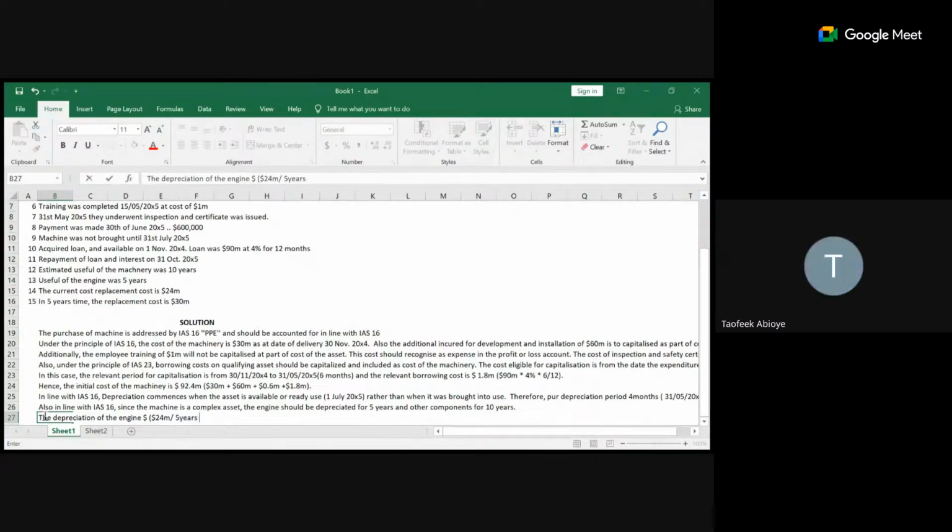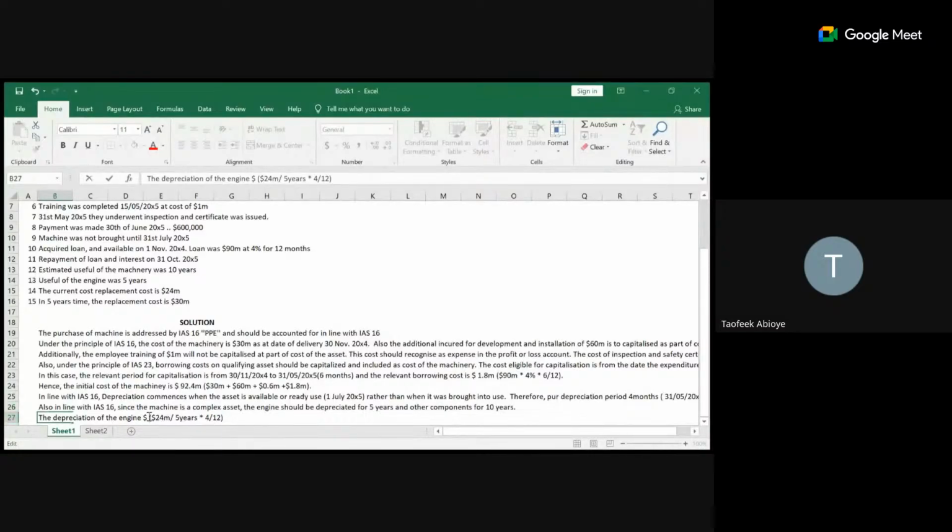Now multiply by 4/12, don't let us forget, and that's the reason why I quickly explained that formula. Our asset is available for use on 31st May 20x5, till the accounting year end of the business, 30th September.